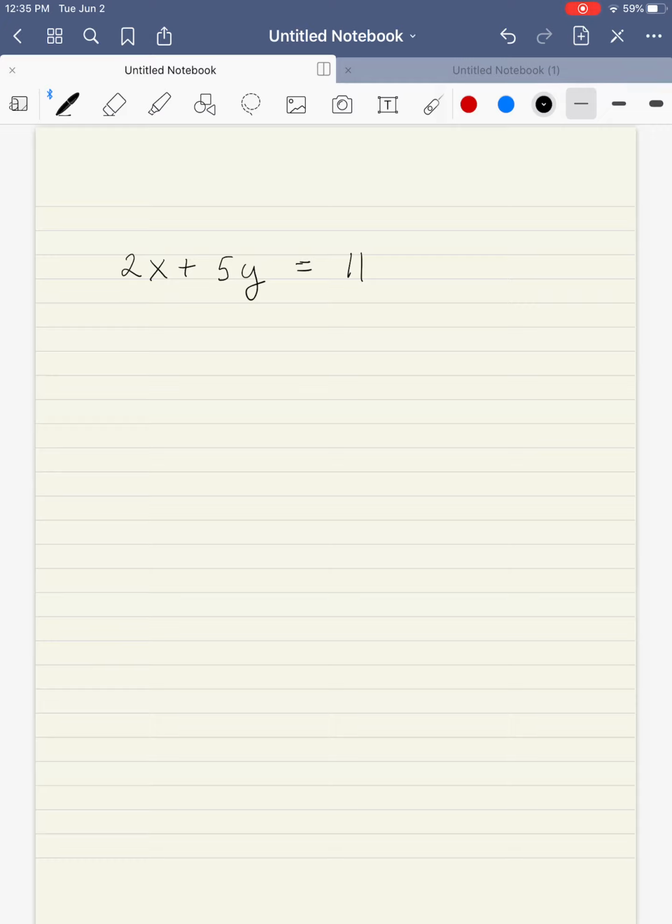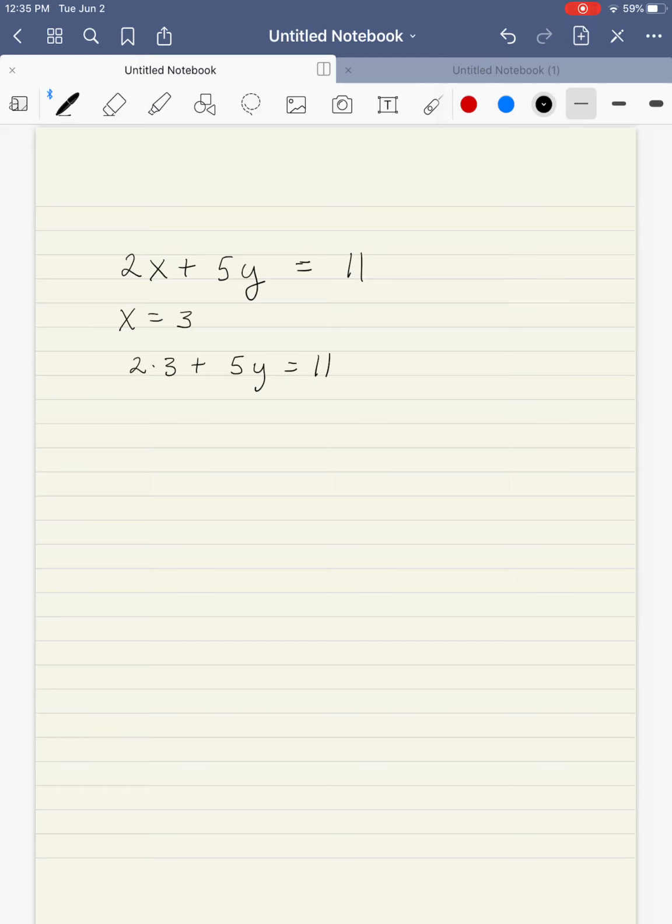So let's say that I let x equal 3. Then I have 2 times 3 plus 5 times y equals 11.